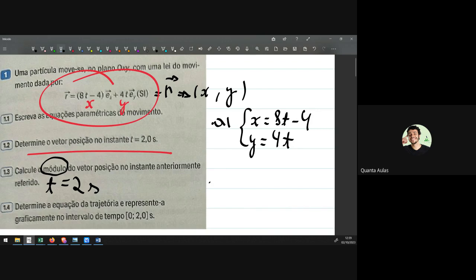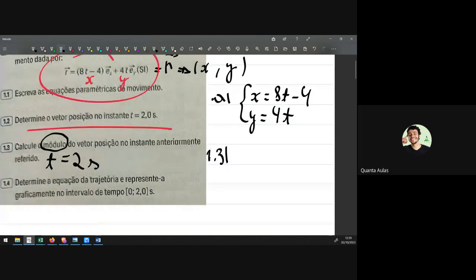For example, if you have a vector, it's like a line, okay? But this line has coordinates. Sometimes we don't need to know the coordinates, the position, just the absolute value, the range of this vector. But to know the range of this vector, you need the coordinates.